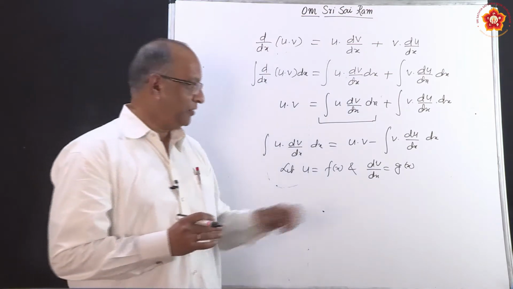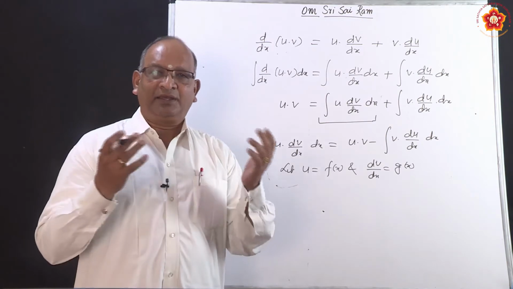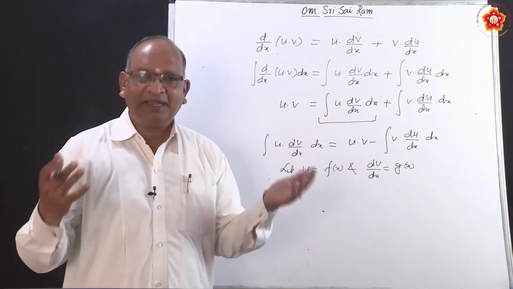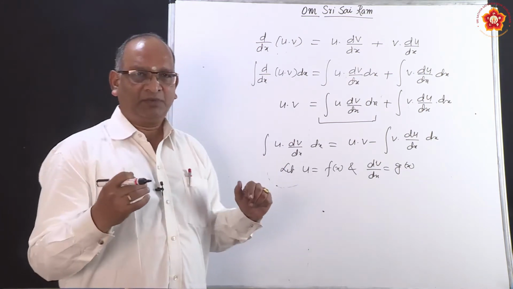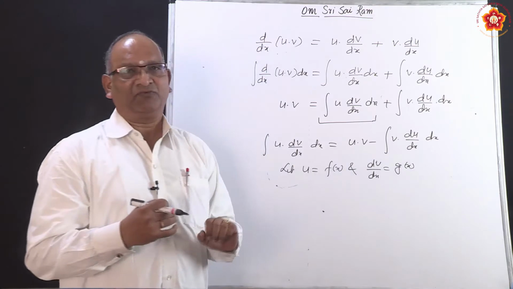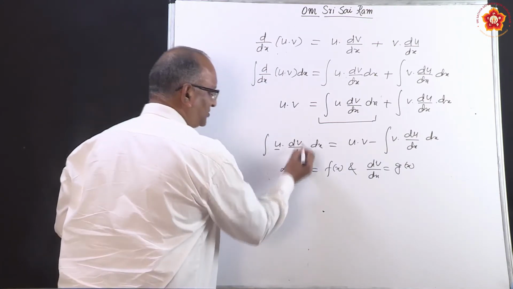You may say, how can dv/dx be a function? Because if there is a function and you find its derivative, the derivative is also a function. So, dv/dx can be considered as the second function. What is the advantage? This is one function, and this is one more function.